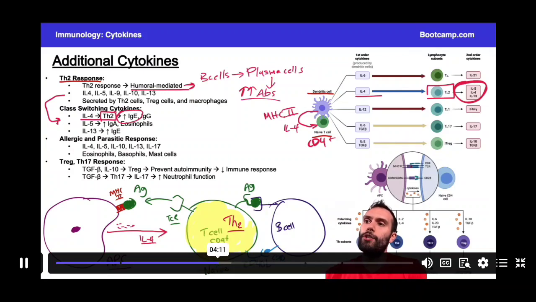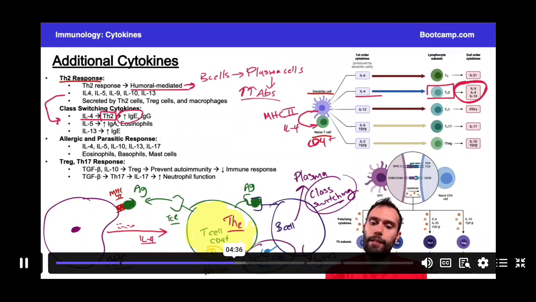It's going to cause this link up to eventually lead to this B cell undergoing class switching and potentially forming a plasma cell, potentially, okay, and undergoing class switching. And the thing that helps assist with this class switching process to go from a B cell that's primarily releasing IgM to a B cell that then releases some of these other antibodies with class switching is going to be this CD40 ligand linkage.